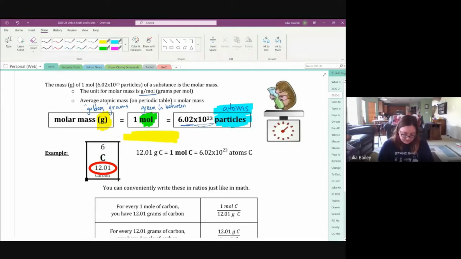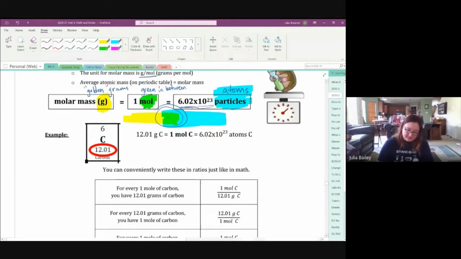I don't know if you've ever tried to mix yellow and blue together, but wherever yellow and blue touch, you get green in between. And guess what? Wherever grams and atoms touch, you need to have moles in the middle. And if you don't have moles in the middle, your math is not going to work out the best way for your units. Okay, so that's the basics of the color coding.